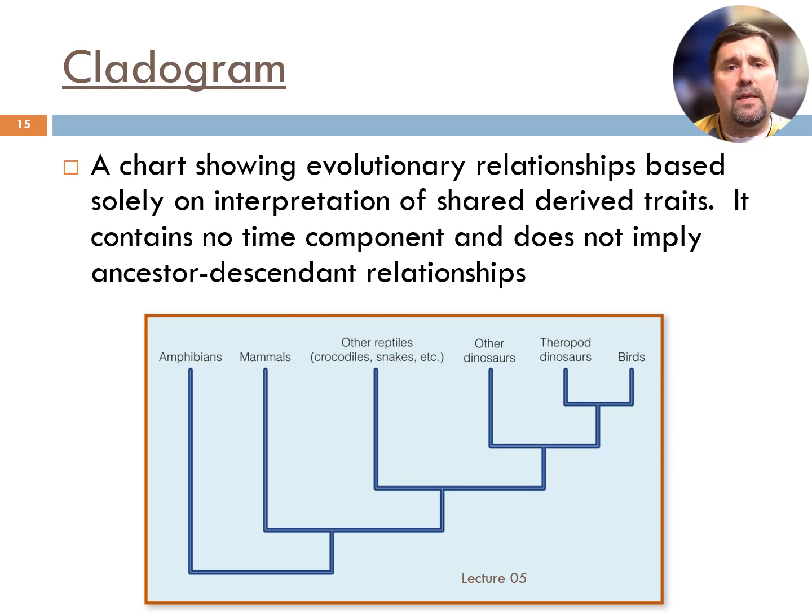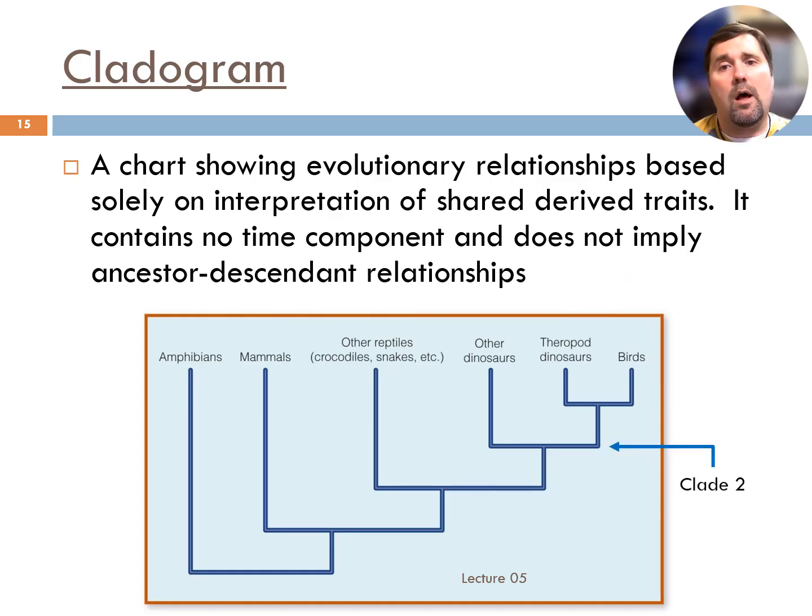For example, this cladogram of the land-dwelling vertebrates shows a close relationship between birds and theropod dinosaurs, the two-footed ones like T-Rex. They belong to the same small clade at the upper right. The reason those two groups are so closely related is that the theropods are the ancestors of the birds, like grandparents and grandchildren.